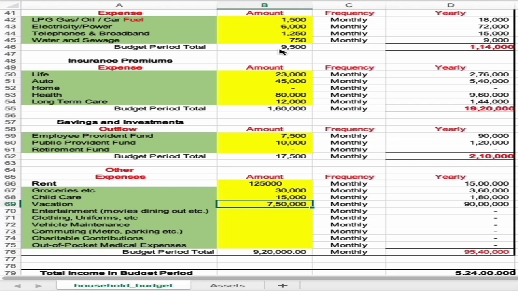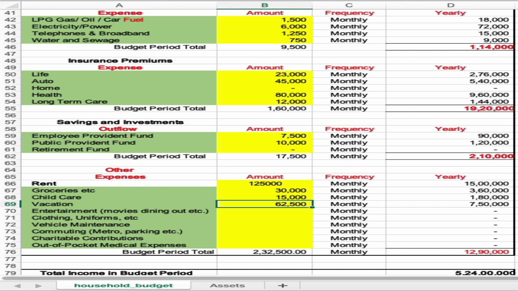Now only thing is that on a monthly basis it doesn't come to 7 lakh. So what you do, you go and make it equal to divided by 12. So now the annual figure comes to 7,50,000, but you've got your monthly figure by simply using the Excel sheet to calculate the monthly figure for you.